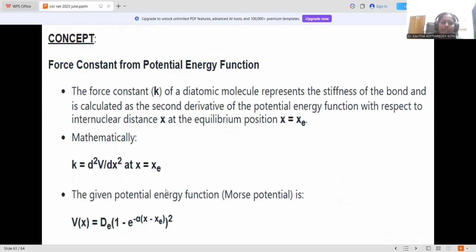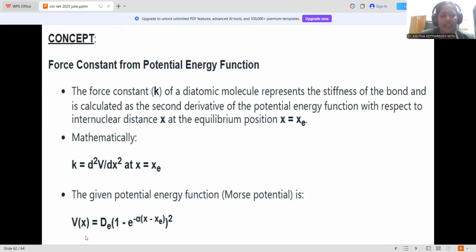For that purpose, from the potential energy function, the force constant is indicated as K. It represents the stiffness of the bond and is calculated as the second derivative. Mathematically, force constant K is equal to d²V/dx² at x equal to xe.